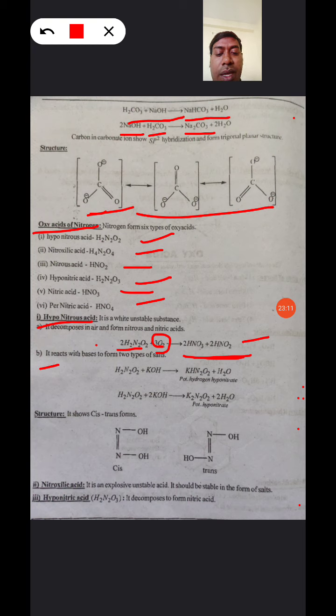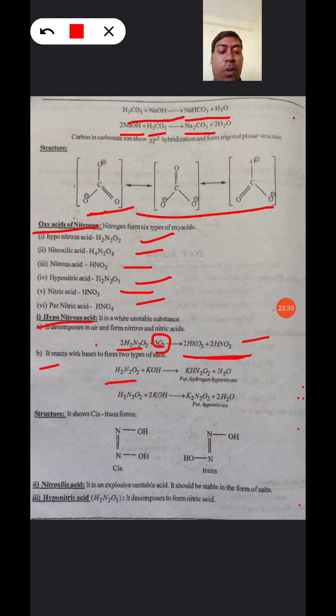And it reacts with base to form 2 types of salts.